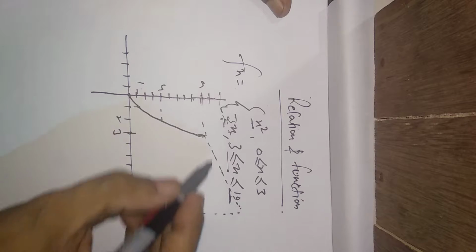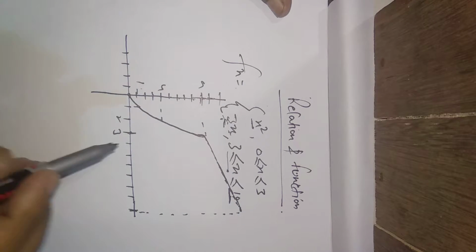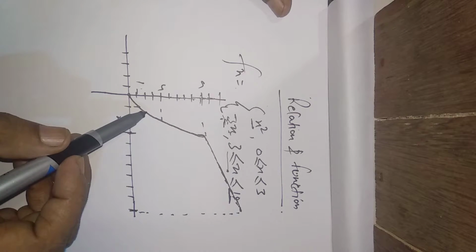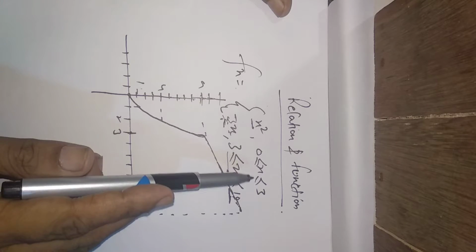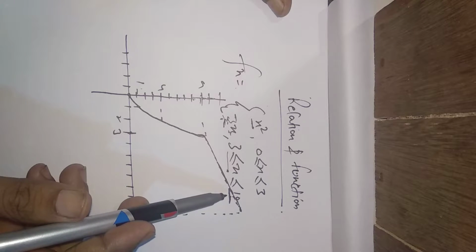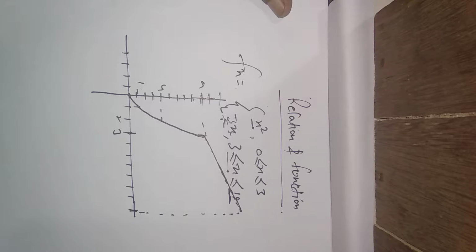So we can see this is not only a relation but a function, because this function is defined at each value, whether you put 0, 1, 2, 3, 4 and so on, up to 10. Each x has a unique solution.